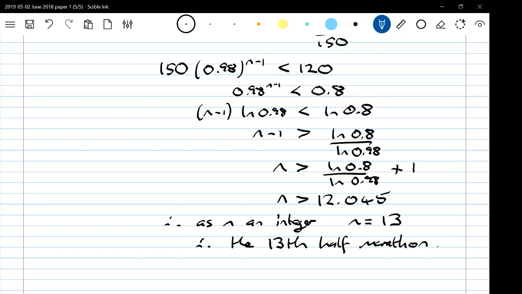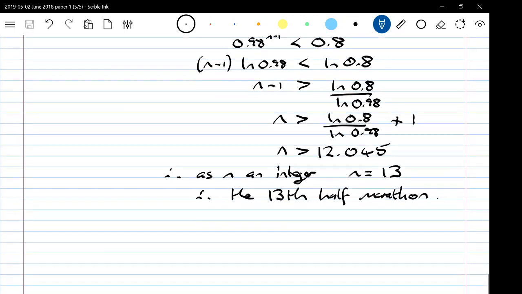I think that is a bit fussy, but if you don't include a reference to it being 13 half marathons, or 13 runs, or 13 marathons, you could get away with even saying that. If you don't actually put it into context, you don't get the final mark. It's really harsh, isn't it? But that's how it was.